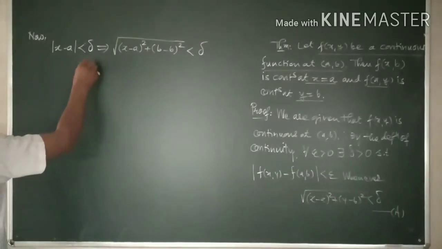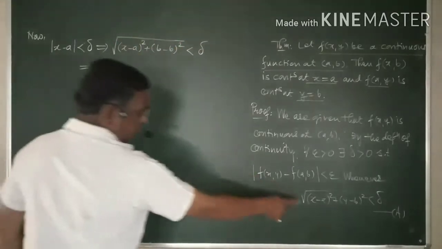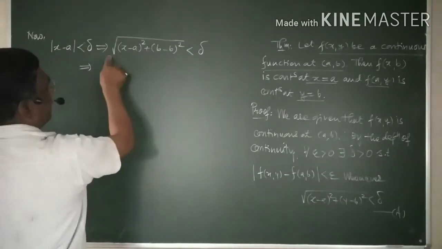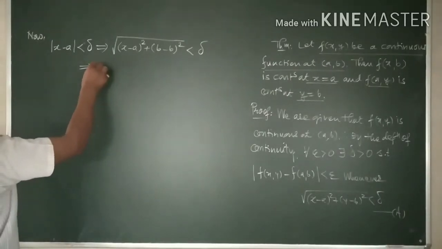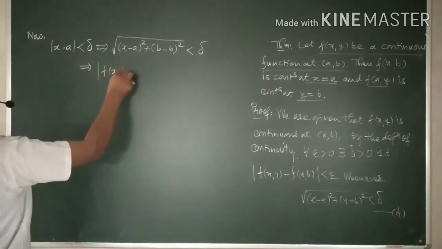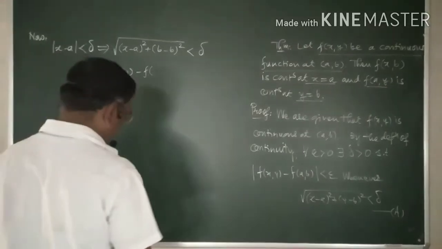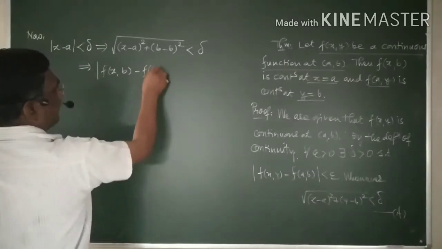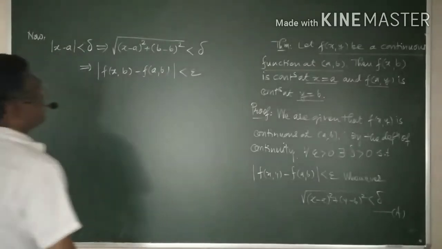If this is there, and if I compare this with the earlier inequality, then what happens? This implies that the absolute value of f of x comma b minus f of a comma b is less than epsilon.